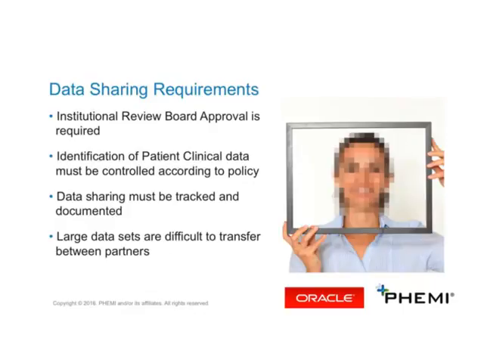And specifically, I think this is a really important point, is the data sharing requirements. For anything that's associated with patients, you have to have institutional review board approval, and you have to be sure that the data is only used by and shared with the appropriate number and level of people, and that the identification of that must follow policy.